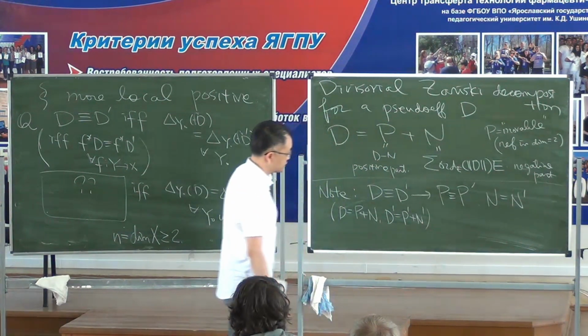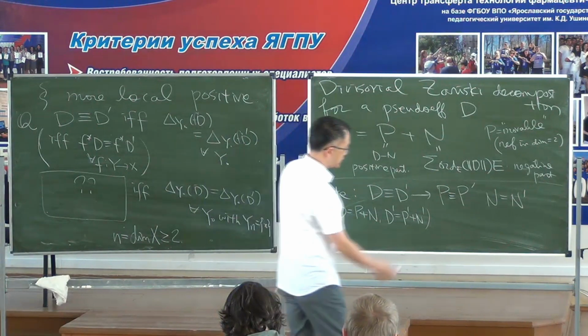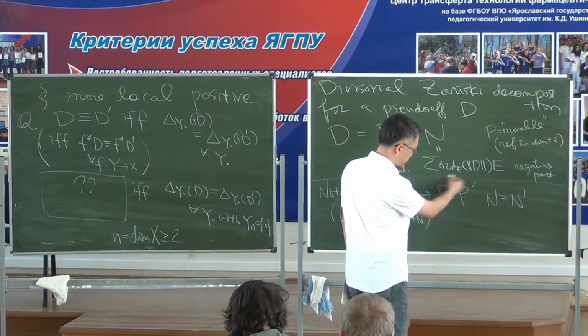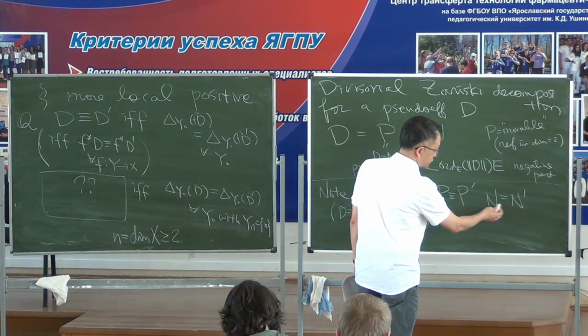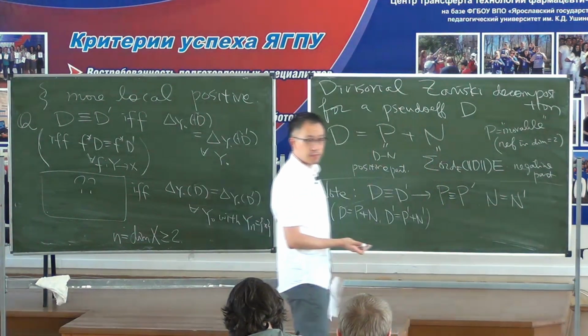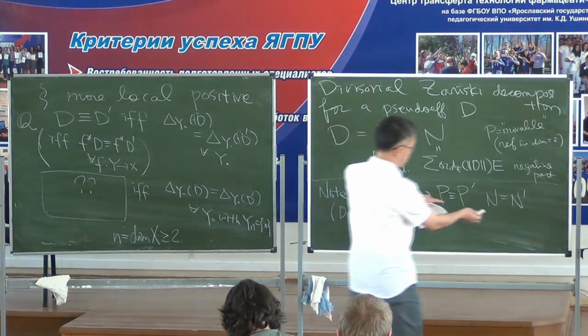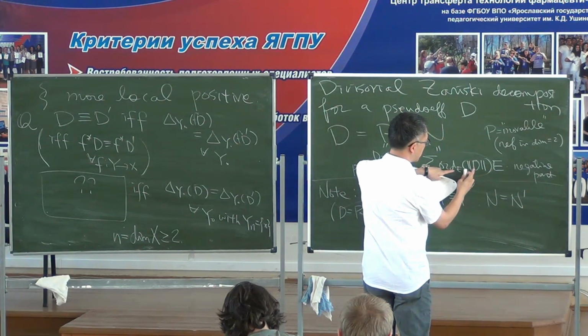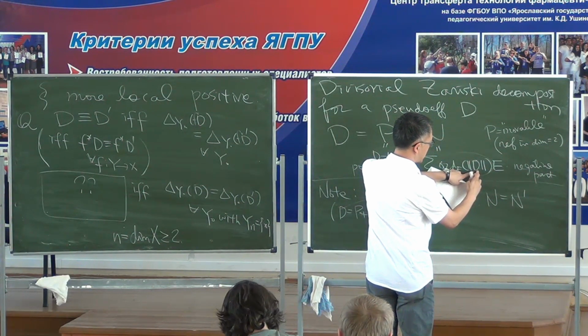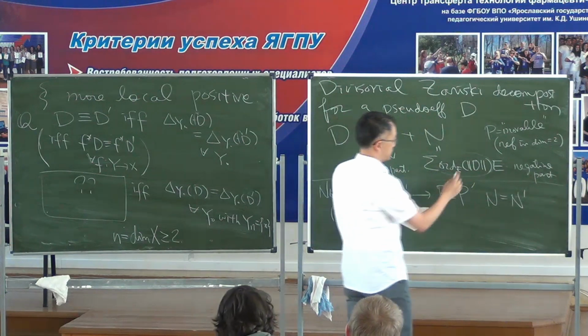Okay? So P is actually defined up to numerical equivalence, and the negative parts are just the same. Okay? So this is because this function depends only on the numerical class, and not the divisor.